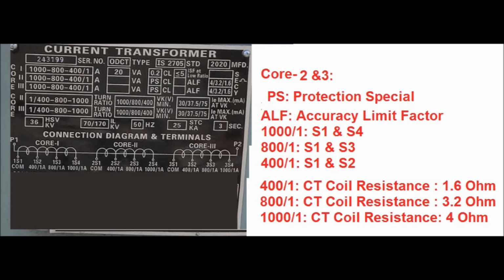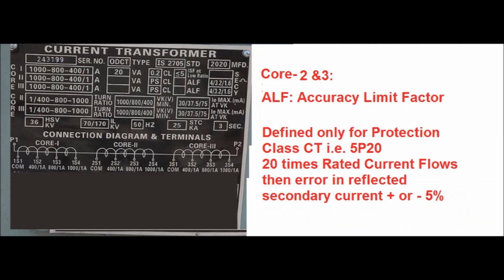For 400/1, the coil resistance for secondary CT coil is 1.6 ohm, and for 800/1 the CT coil resistance is 3.2 ohm, and for 1000/1 CT ratio the CT coil resistance is 4 ohm.